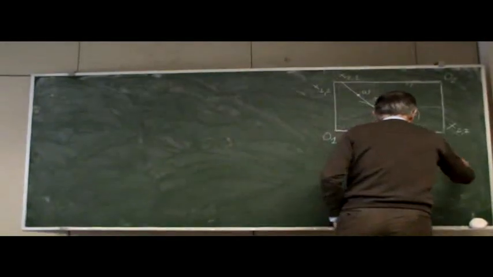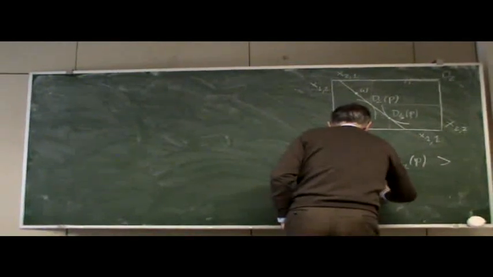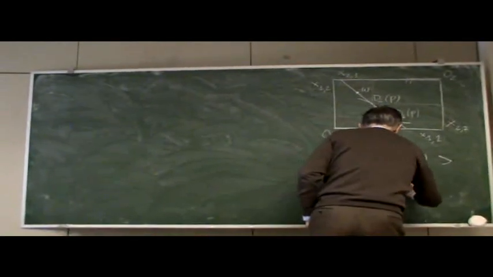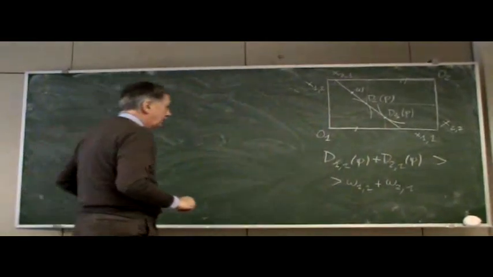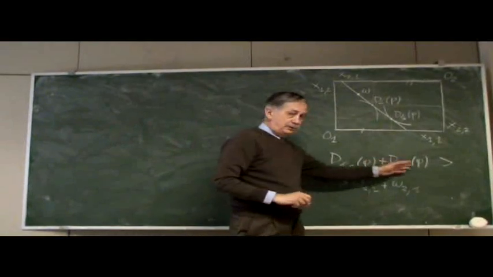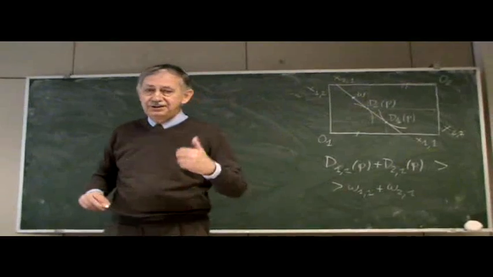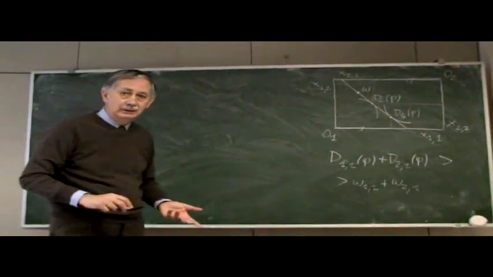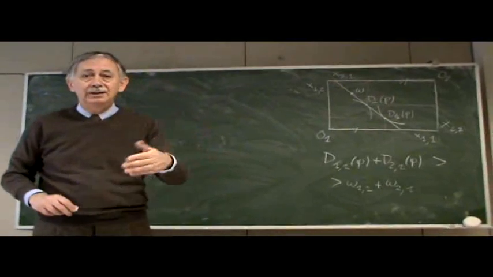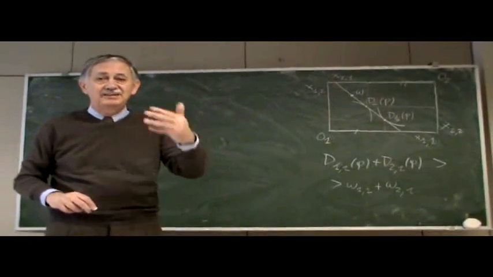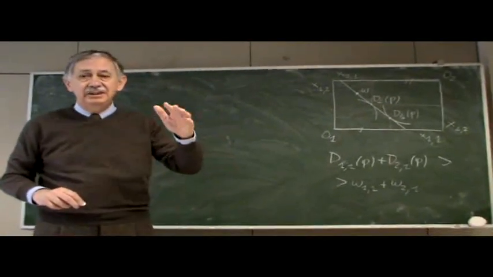So you have this inequality. Is it clear? The total demand of our two households, according to this price system, is greater than the initial endowment. And therefore, on the market of good 1, there is a positive excess of demand. Demand exceeds supply.